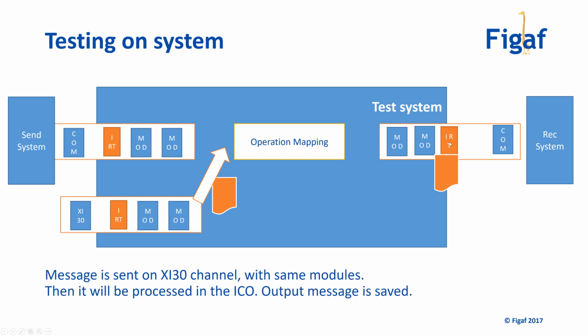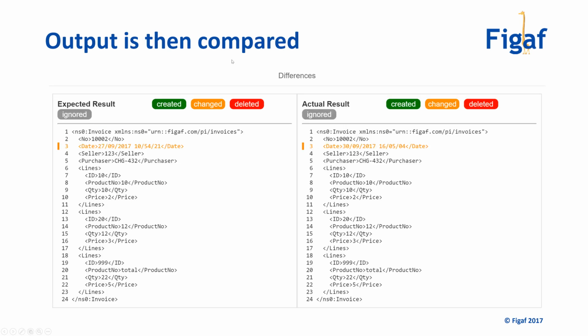And then when we reach the receiver module, the last module that we have added, we will save the message. And then we can compare these two messages. So we got the expected we got from our productive system and the actual we got from our test system. And we can see there's a difference here in one of the date fields. And obviously this is okay, so we don't want this to pop up every time.